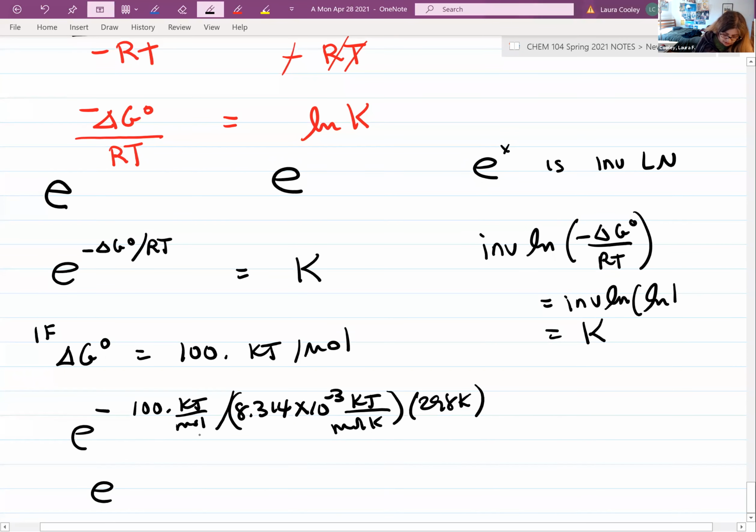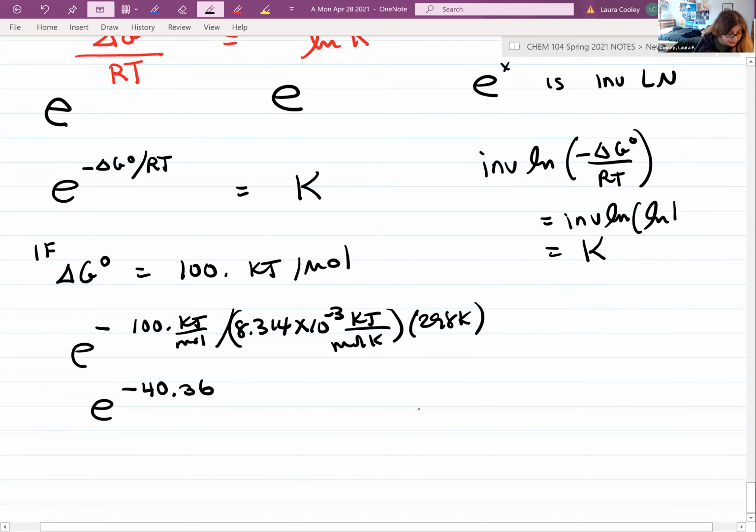If we just do this exponent here, it turns out to be negative 40.36. That is a big negative exponent. Some of you on your calculators will have to do inverse ln of negative 40.36. This negative sign comes from the fact that there's a negative sign there and the delta G0 is positive.